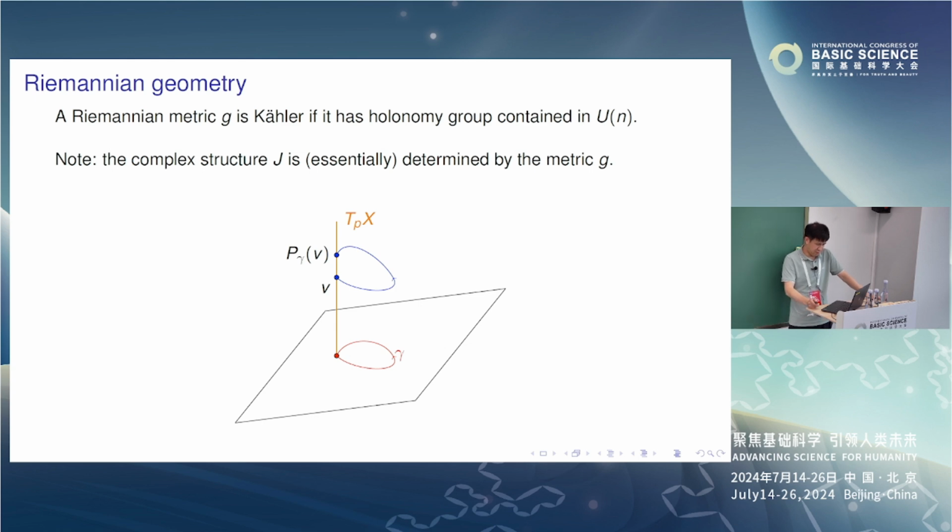So if you know the information about the metric, then in principle you can recover the complex structure. For example, if you give a Riemannian metric on an orientable two-dimensional surface, then the complex structure is determined by the Hodge star operator.